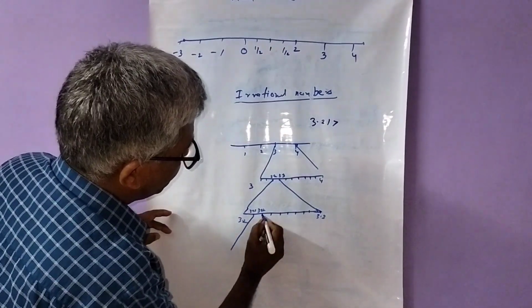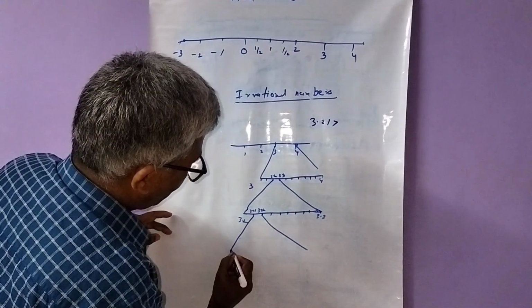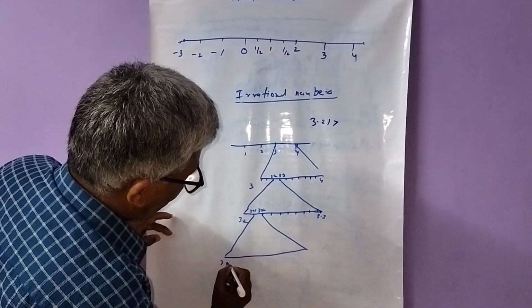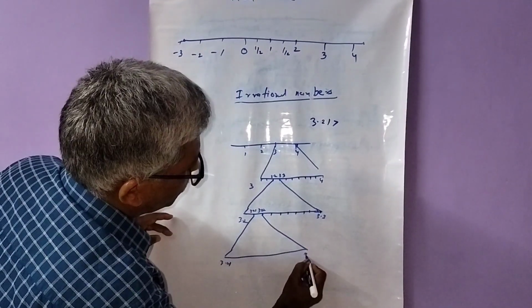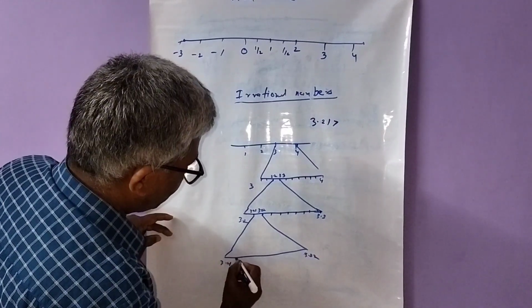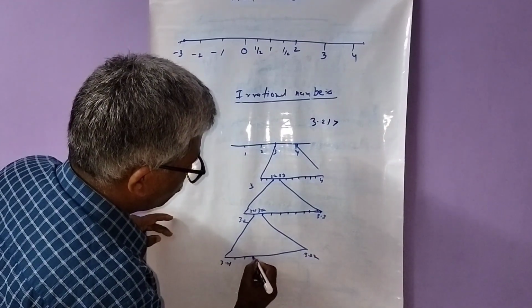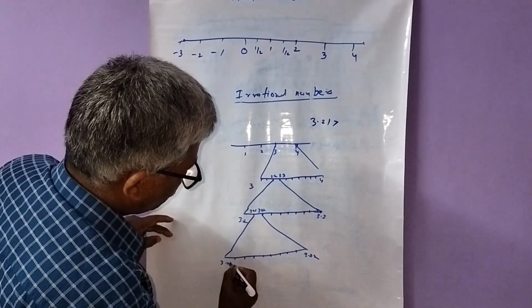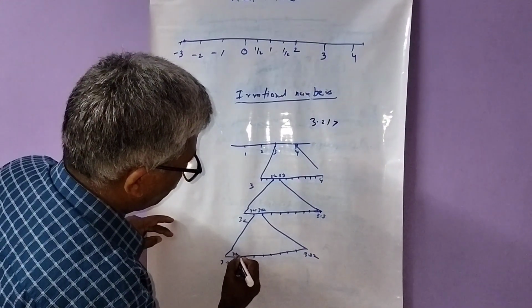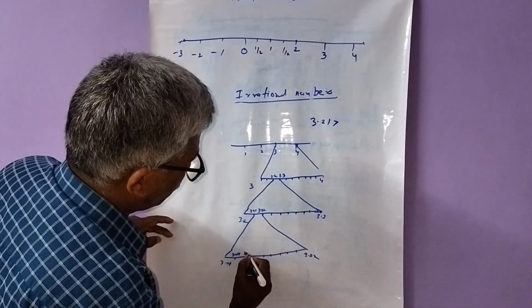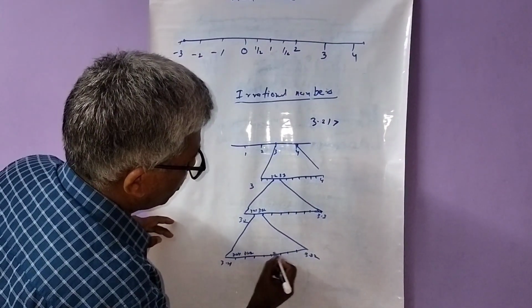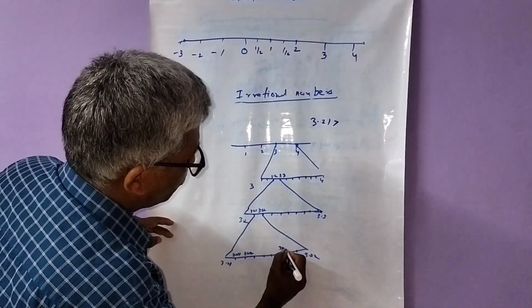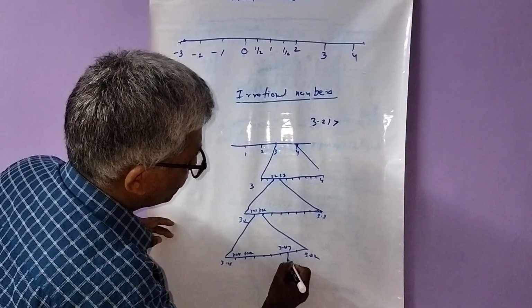Let us expand this further and again see. 3.21, 3.22, and this lies 1, 2, 3, 4, 5, 6, 7, 8. So this is 3.211, 3.212, like that, 3, 4, 5, 6, 7, 3.217. This is the number.